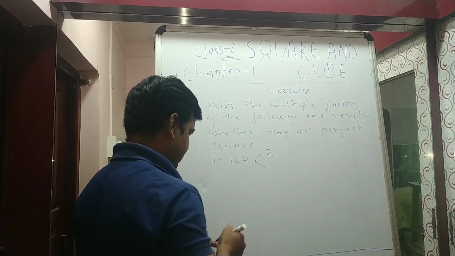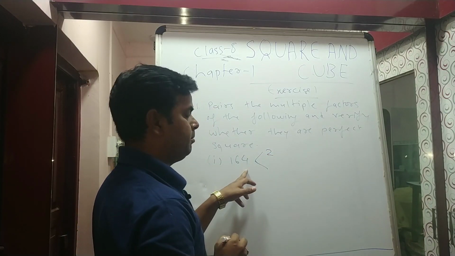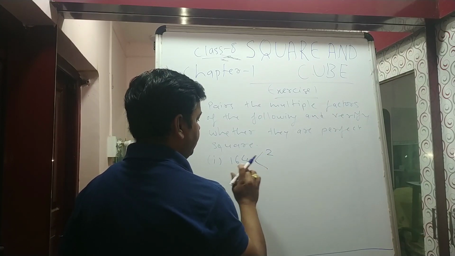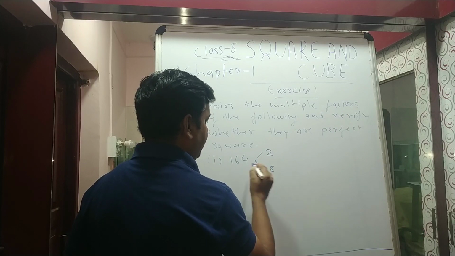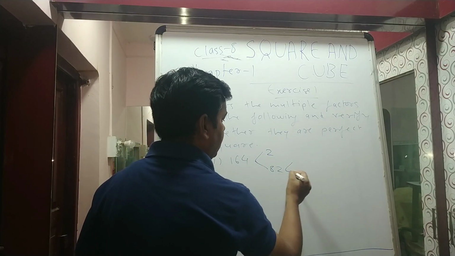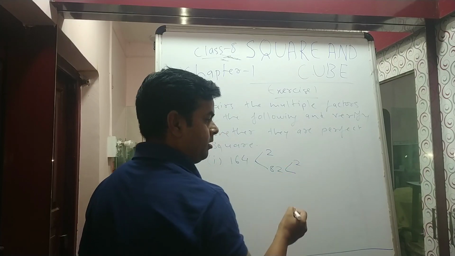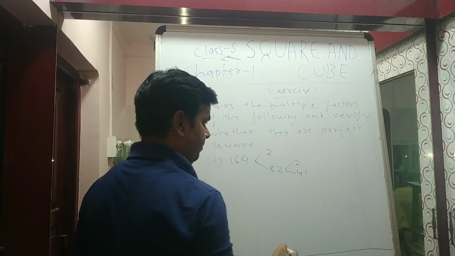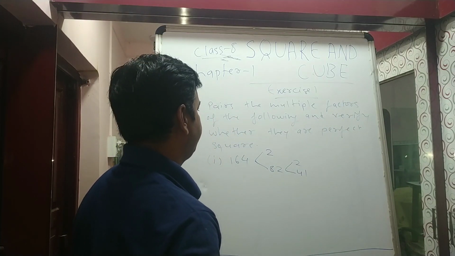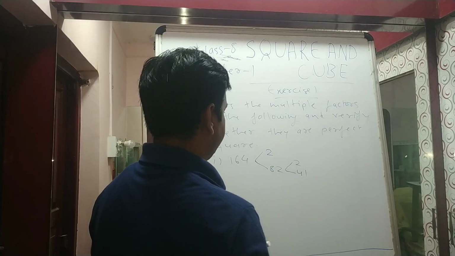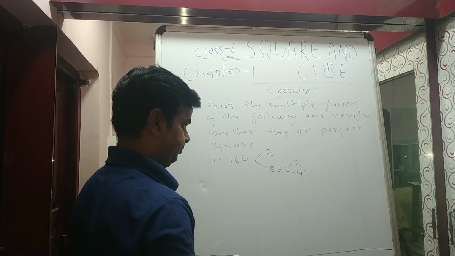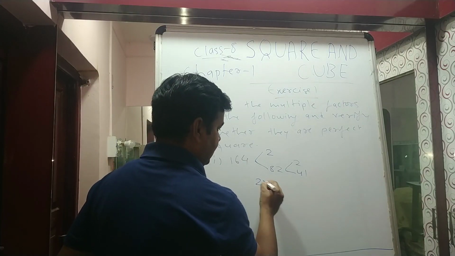As this is an even number, it can be divided by 2, so we take 2. 164 divided by 2 is 82, and 82 divided by 2 is 41. 41 cannot be divided by any number because it is a prime number. So we can say that this number is not a perfect square, because the factors are like this.